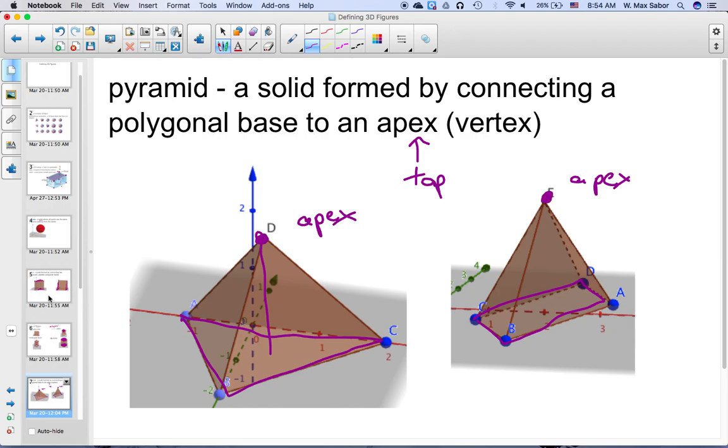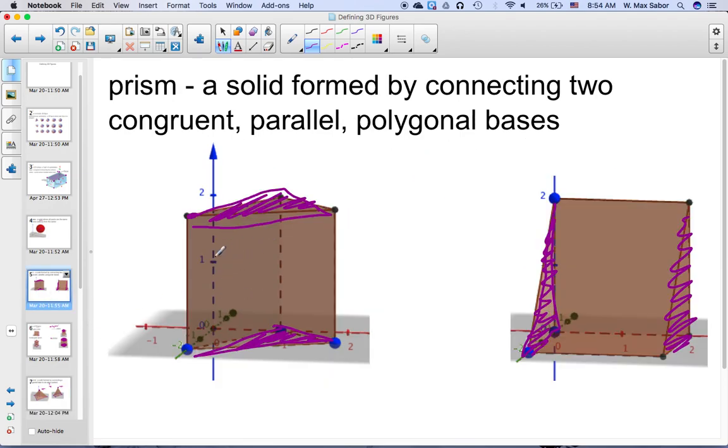You'll notice that in a prism, each of the sides, the lateral faces, are the side faces, are rectangles. This is not someone choosing it, it's just what happens when you connect things that are parallel to each other.